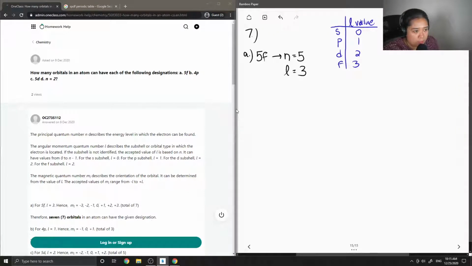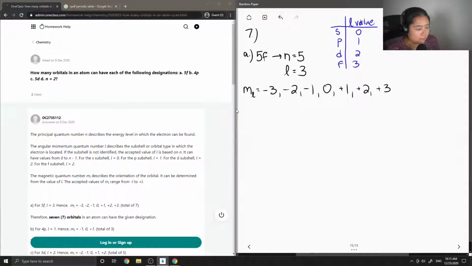So because our L value is equal to 3, that means our mL value can range from -3 to +3. So I'm just going to write all the different mL values from -3 to +3.